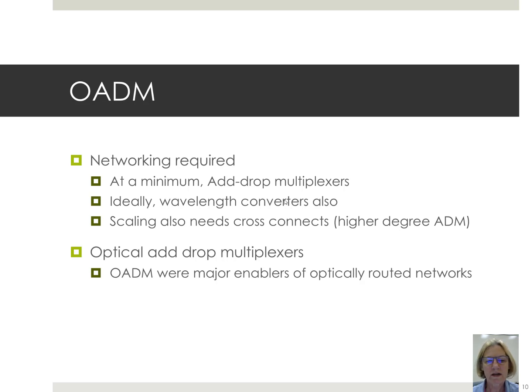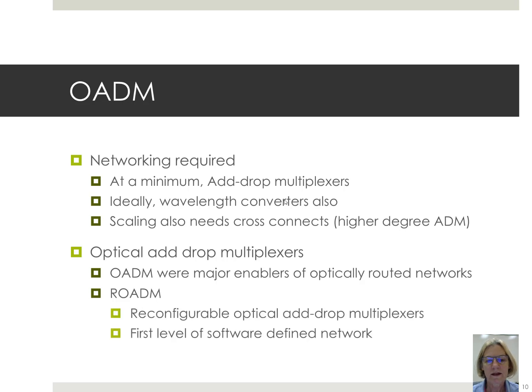So OADMs, or optical add-drop multiplexers, were the major enablers for taking this wavelength division multiplexing and not only using it to increase the capacity of the fiber, but also using it as an element that could be used in routing within the network. Now, ROADM is the most modern version of this add-drop multiplexer, which is known as a reconfigurable optical add-drop multiplexer.